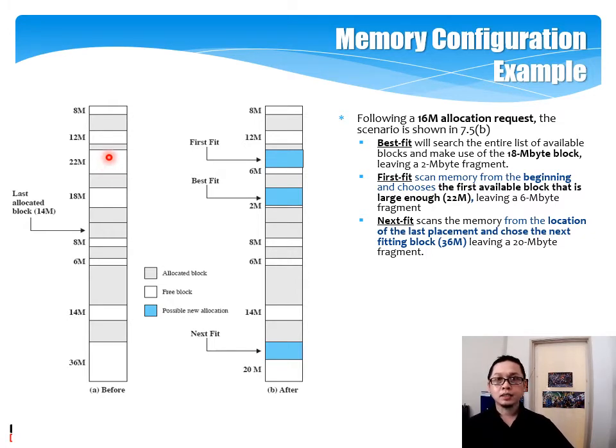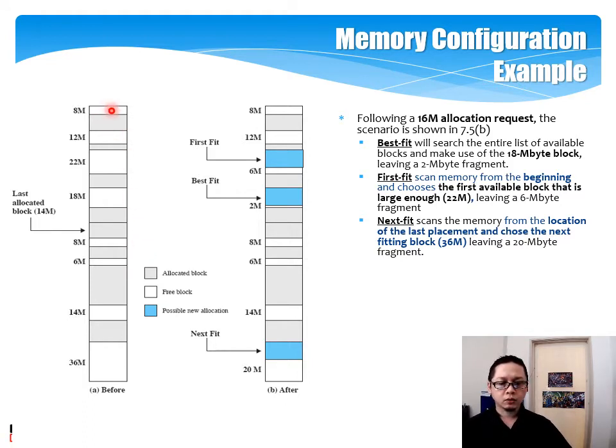Now, let's say it uses the best fit approach. The best fit will look at the closest value of partition that a process can go to. So it will check each and every one and compare each available allocation to see which one is actually the closest to the process request.